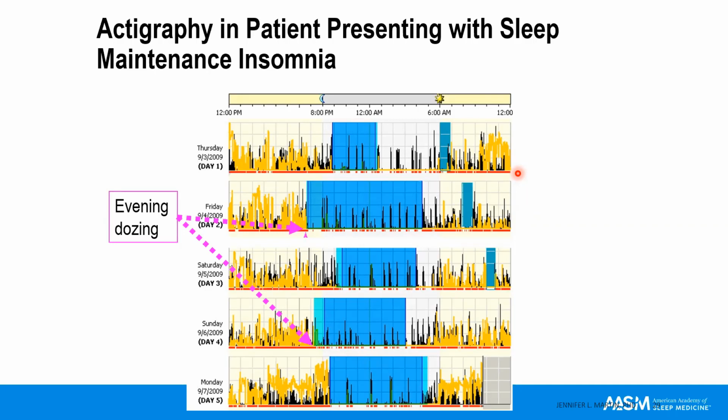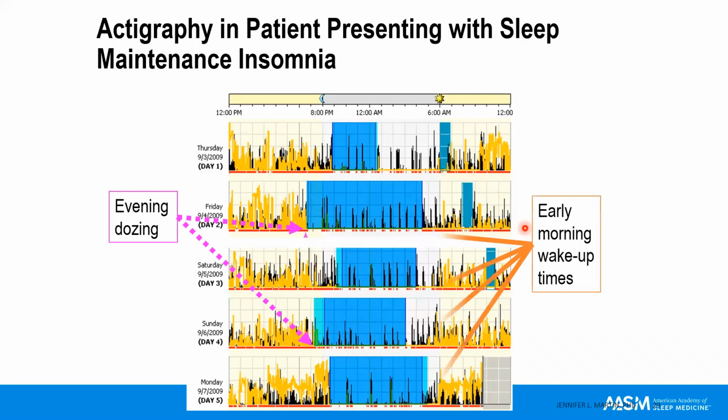One of the things that we noticed right away is that on at least 2 evenings, he actually fell asleep quite early, despite the fact that he told us he didn't go to bed until much later. And it looks like here that even though he's still awake, the light is very dim, and here as well. We see a lot of awakenings during the night, so his sleep quality is poor.